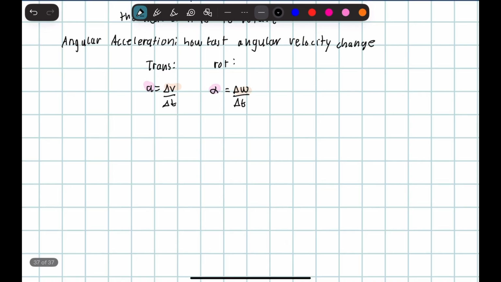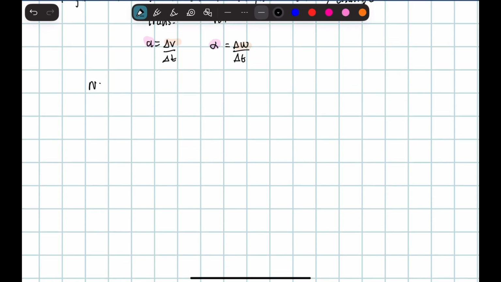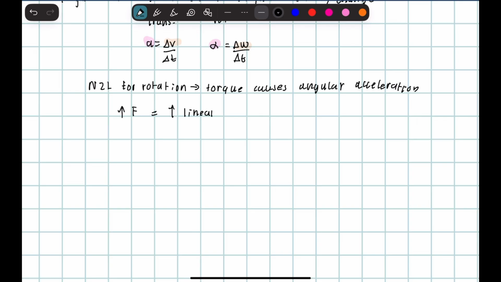So now, what we know from Newton's second law for rotation is that torque causes angular acceleration. So what does that mean? Well, increasing force means increasing linear acceleration.